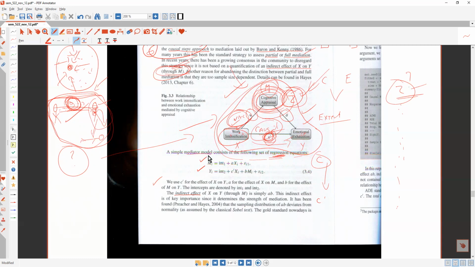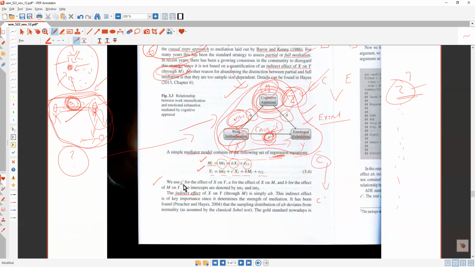Now, here are the equations for the single mediational model. The mediator, that's the cognitive appraisal here, has an intercept value because it's a regression equation, plus A times Xi. So there's the work intensification, my X value, plus an error term. So you have one equation here. And then you have the other equation, which is the emotional exhaustion, plus C prime times Xi plus B times the mediator plus E2.